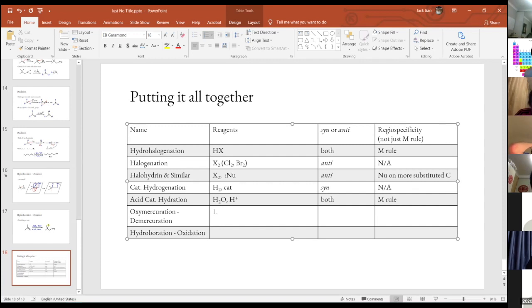So Yang Zhou, you will be the next. Okay. So the reagent is mercury acetate and acid. Acid is commonly used. What might the function be?